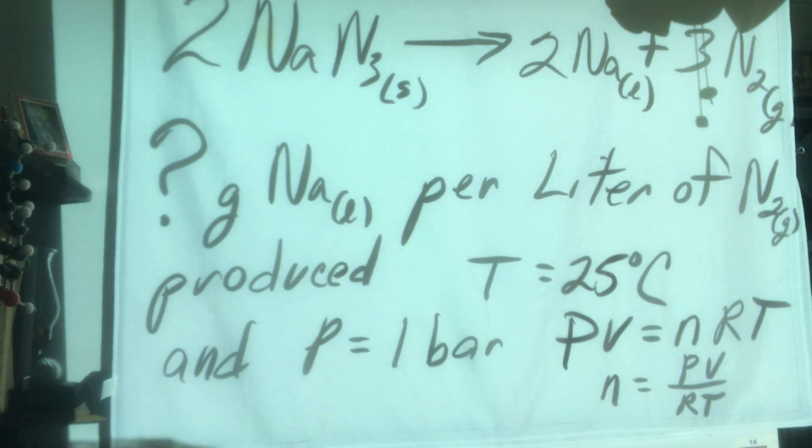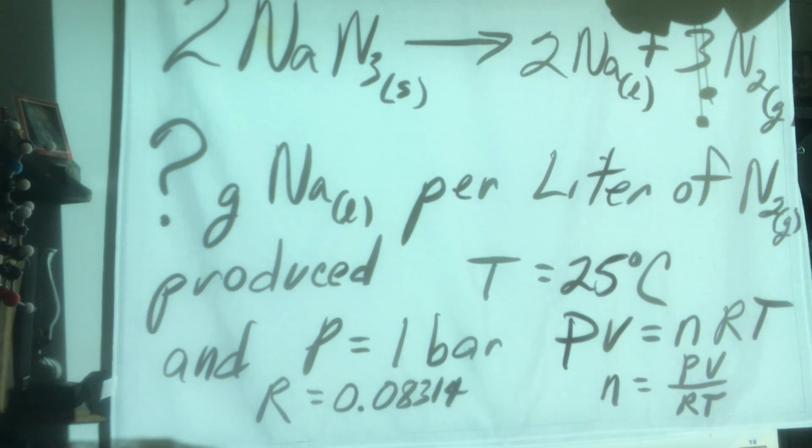We're going to use the gas constant of 0.08314 bar liters per mole Kelvin. Okay.